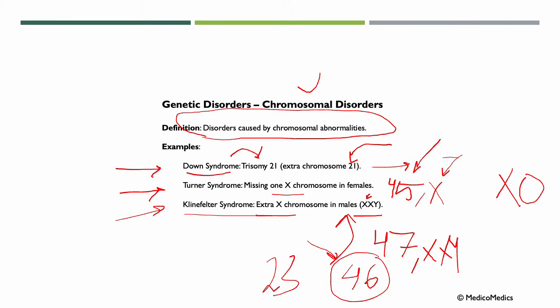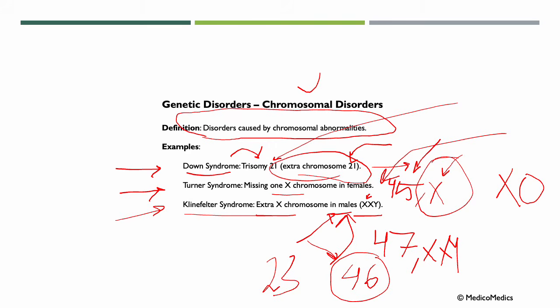So one is missing. What is missing? An X chromosome. And this only affects females. So this one only affects males. And Down syndrome, where you have an extra copy of chromosome 21, affects both genders. And Klinefelter syndrome leads to taller stature, reduced testosterone, and potential fertility issues.